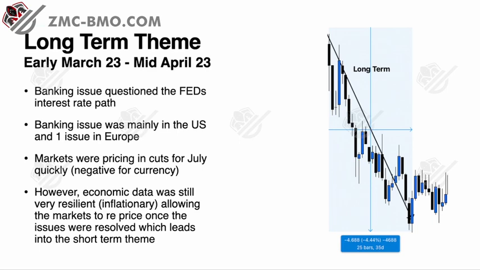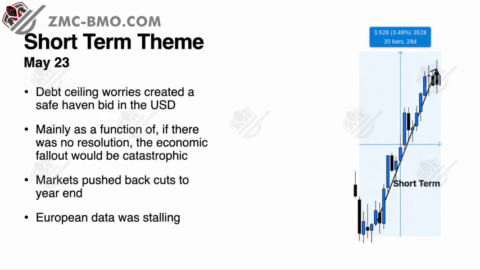Markets then thought, actually, this is going to potentially change the whole view of the Fed. And as we know, because we're fundamentally short the dollar long-term, this was helping us with that longer-term theme. However, economic data was still very resilient, so inflationary, allowing the markets to reprice once the issues were resolved, which leads into the short-term theme, which is this one over here.